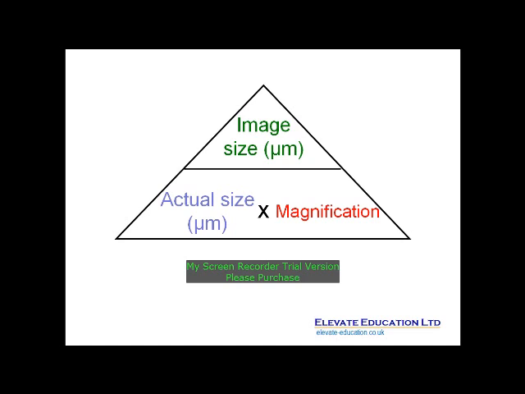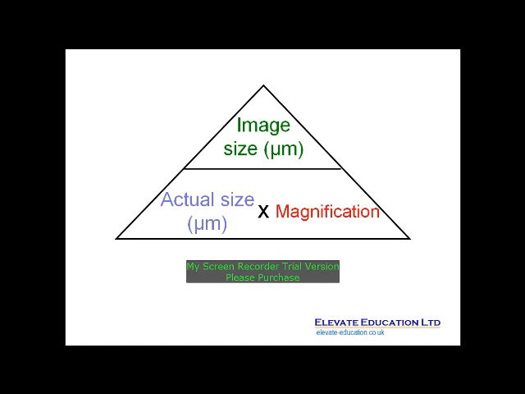The important thing to notice about the image sizes and the actual sizes that we're working with today is that they're both measured in micrometers. When we're calculating magnification, we're always going to work with the image size and the actual size in micrometers. Therefore, if we're given an actual size or an image size in millimeters or nanometers or centimeters, we're going to need to convert it to micrometers before we can proceed with any calculations.